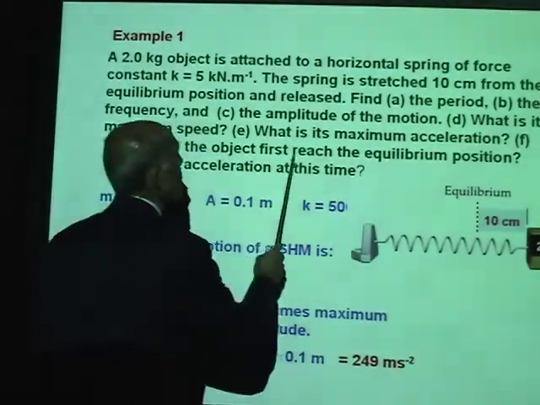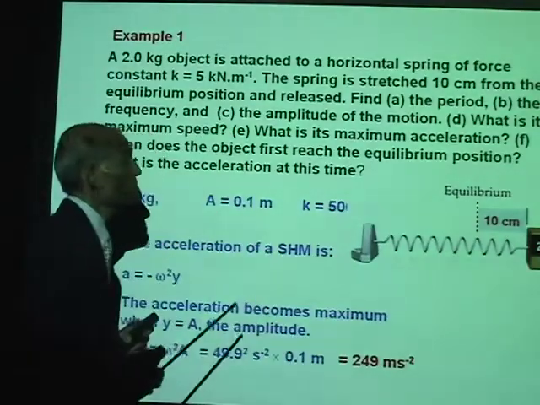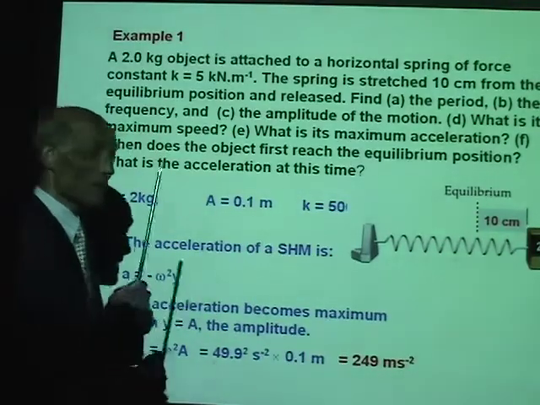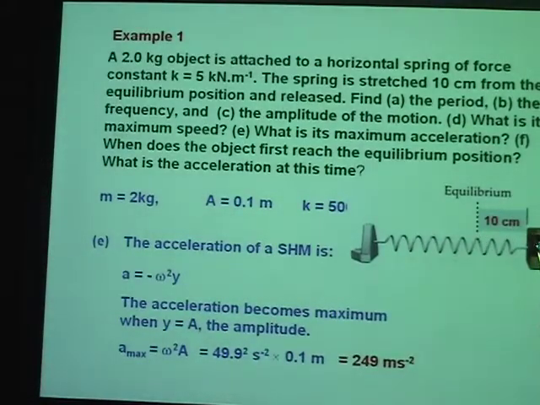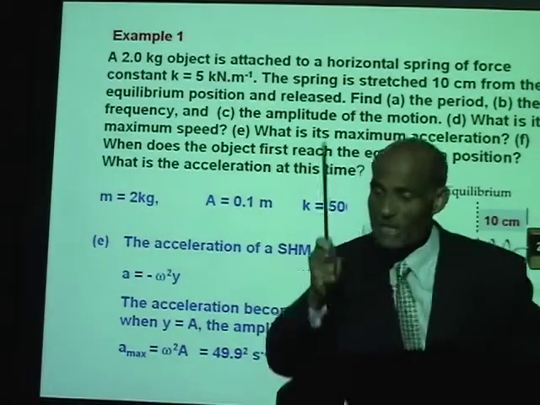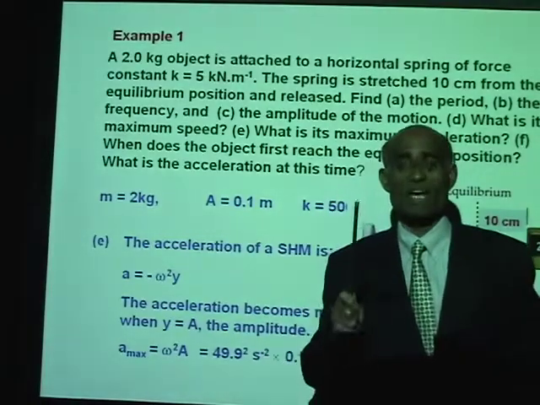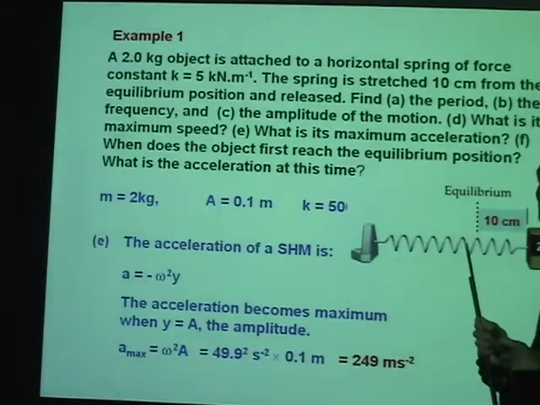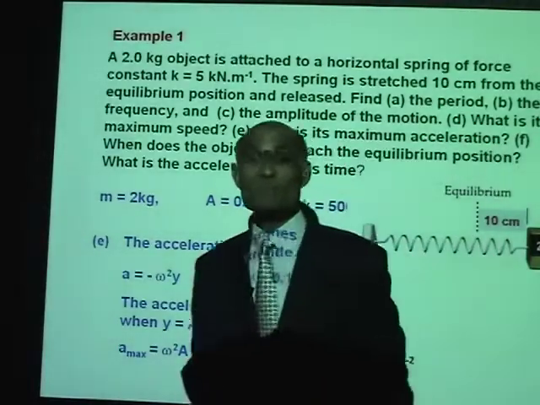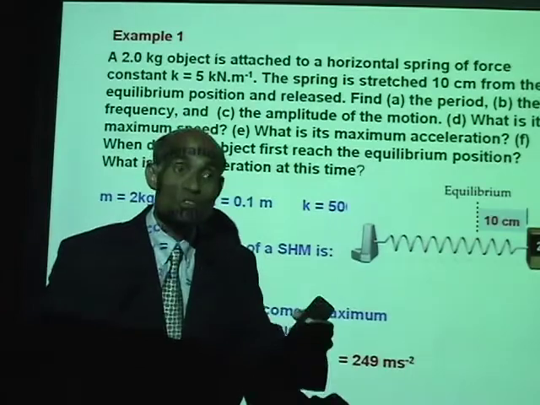When does the object first reach the equilibrium position? Well, remember, the object is released from the extreme right. That means when you start your clock at t equals 0, the object is at the right extreme. And when will it come to the equilibrium position? It will reach the equilibrium position in a quarter of a period.